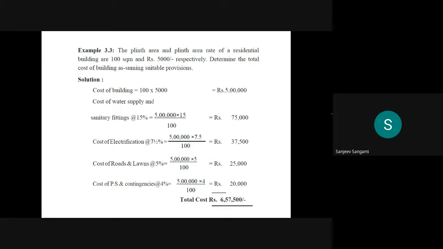So then the third problem. The plinth area rates of the residential buildings are 100 square meter and Rs 5000 respectively. Determine the total cost of the buildings, assuming suitable provisions.